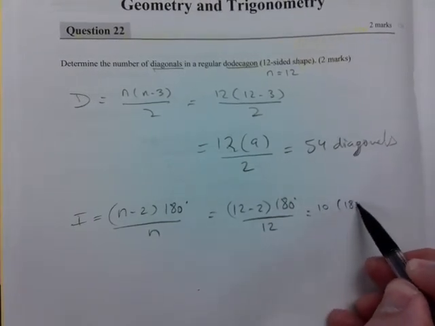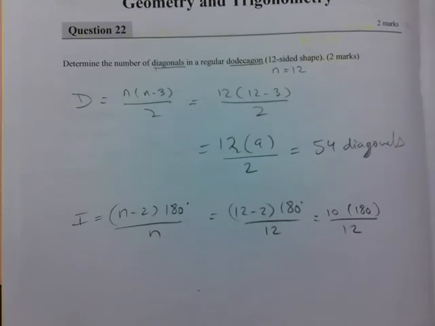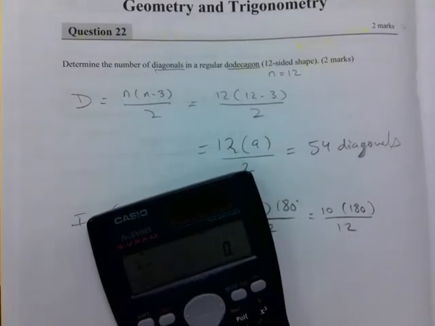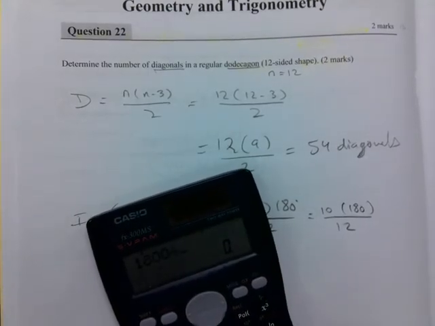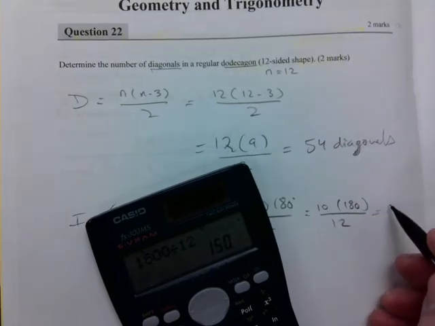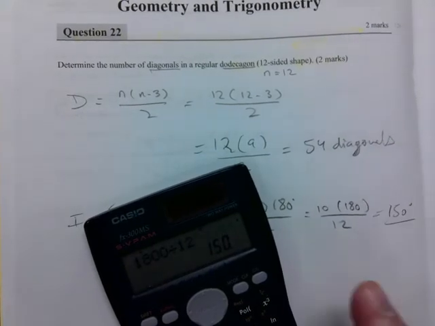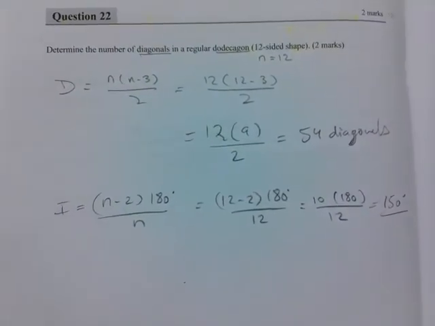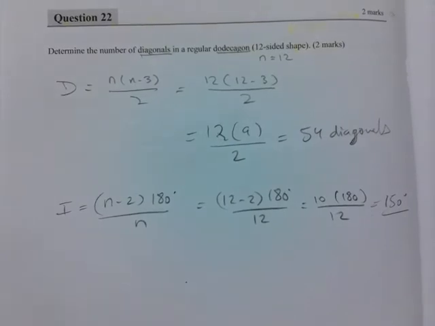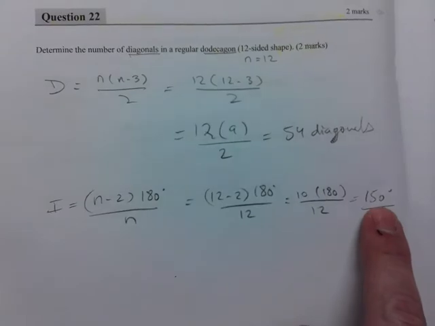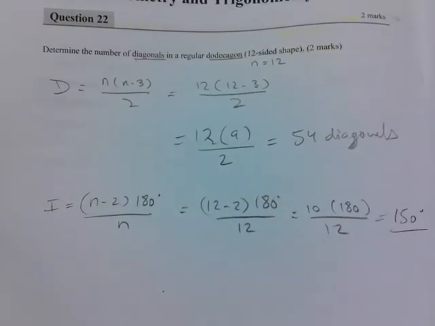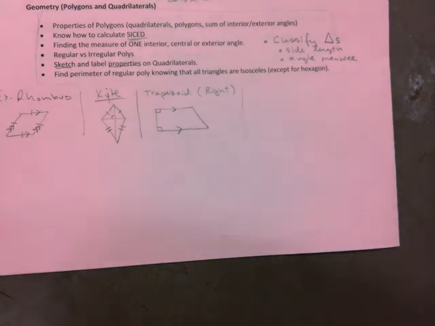And that'd be 10 times 180 divided by 12. 1800 divided by 12 basically, right? So it's 150 degrees. The exterior angle is 360 divided by n. Or subtract the interior from 180, you get the exterior angle there. Central angle, all that, just be ready for it.